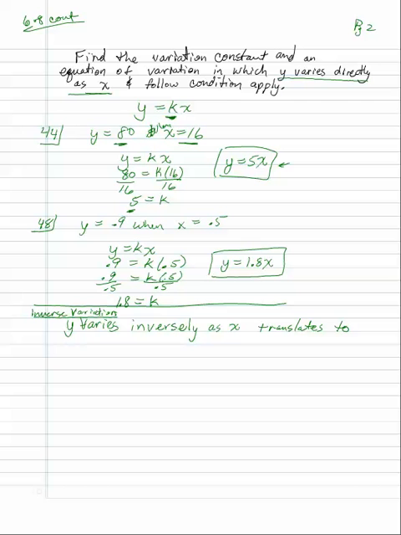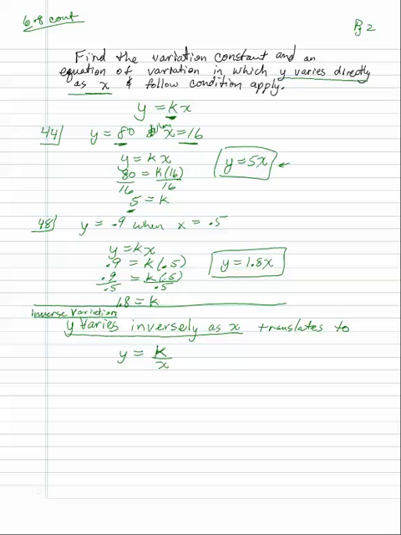Okay, so now inverse variation is pretty similar. Y varies inversely as x translates to y equals k over x. And same thing, k is your variation constant. Once you know what k is and plug it in, that's going to be your equation of variation.